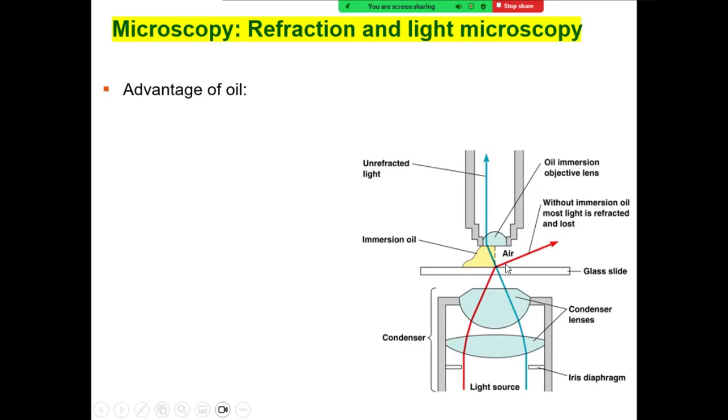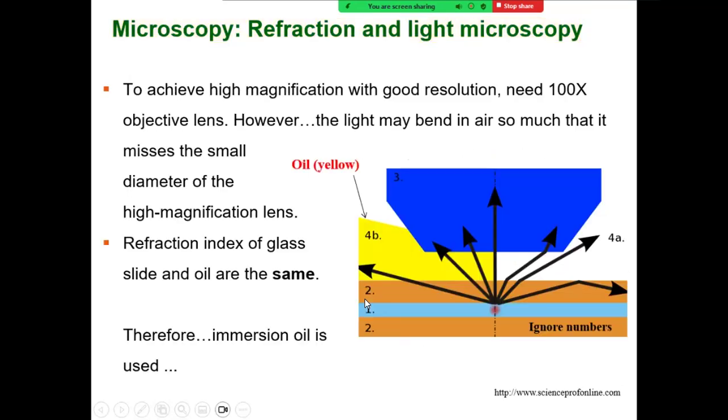If light left the glass and entered the air, some of that light would bend at a sharp enough angle that the ray could not be captured by the objective lens. If we use oil, the light doesn't bend, we can capture more of the light with the objective lens, and that improves the clarity and resolution of the specimen we are viewing.